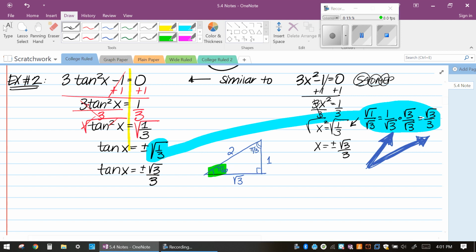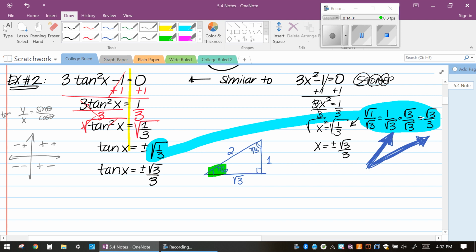Now, they're asking you where tangent is positive and where it is negative. So think back to your quadrants. It says tangent can be positive or negative, and tangent is the ratio of y over x, sine over cosine.